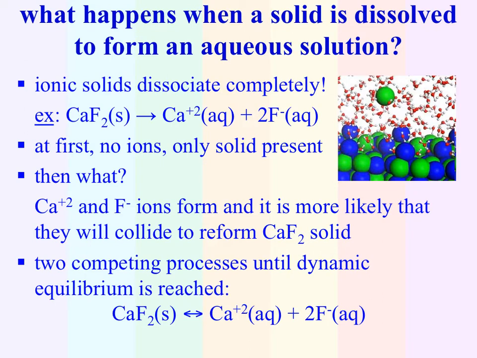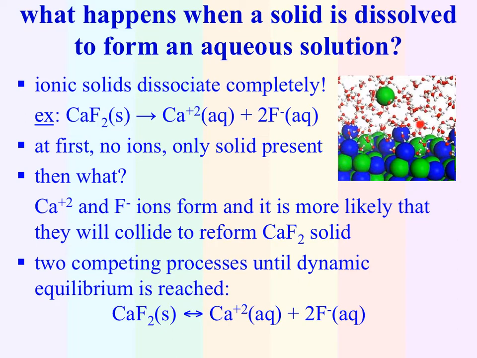However, as the amount of calcium +2 and F- ions in solution increases, there's a higher likelihood that those ions could bump into one another and reform calcium fluoride. So these two processes, the dissociation process and the collision process and reformation of the calcium fluoride, basically reach equilibrium, okay?